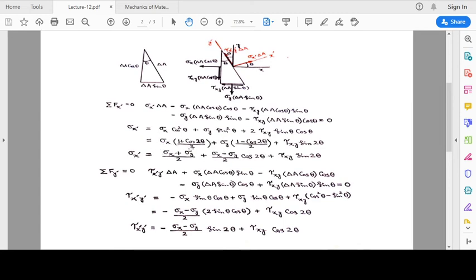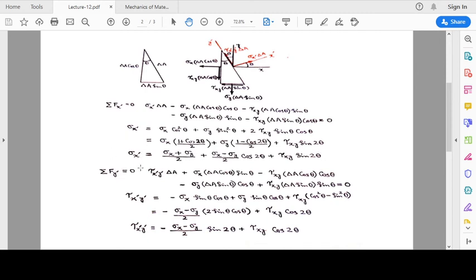So we have sigma x divided by 2 plus sigma y divided by 2, so this is sigma x plus sigma y divided by 2. Then sigma x into cos 2 theta divided by 2 minus sigma y into cos 2 theta divided by 2, so this becomes sigma x minus sigma y divided by 2 into cos 2 theta, plus this term. So this is our expression for sigma x prime.